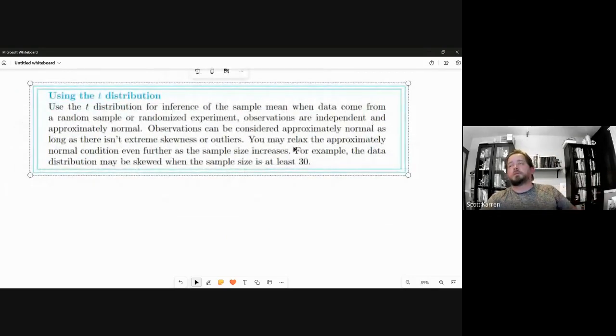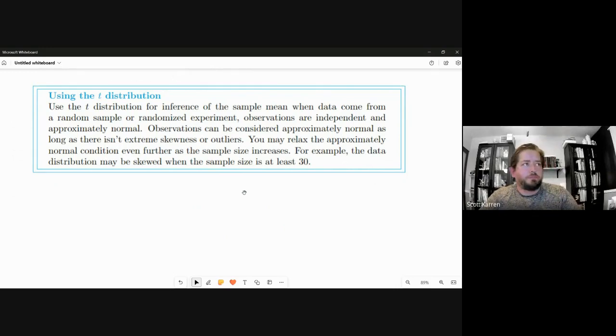All right, and again, rather than writing this in terrible handwriting, I'll just be copying the important information from the book here. Using the t-distribution, we're going to use it for inference on the sample mean. When data come from a random sample or a randomized experiment, then observations are independent and approximately normal, right? So they still have to be not humongously skewed. But observations can be considered approximately normal as long as there's not extreme skewness or outliers.